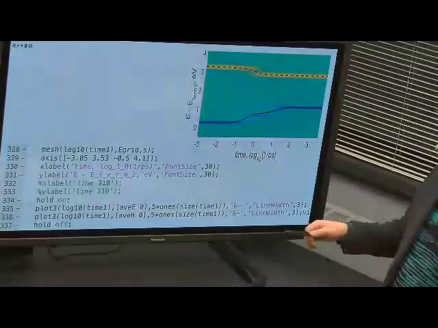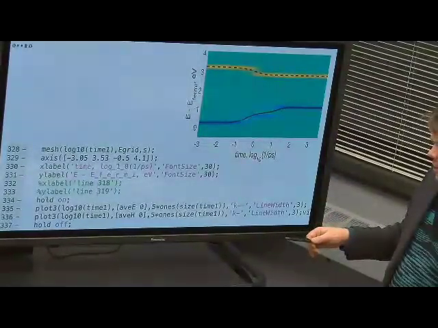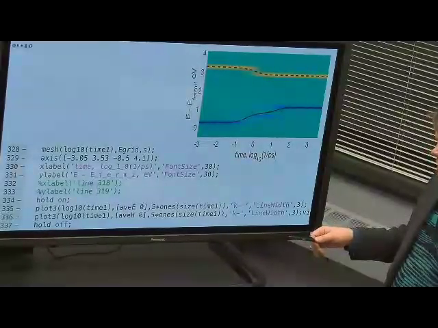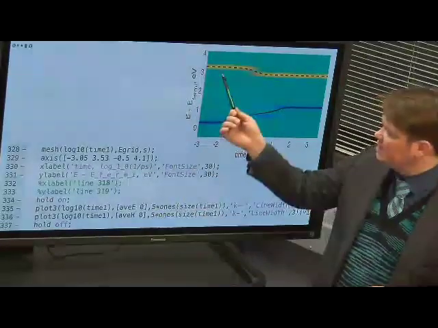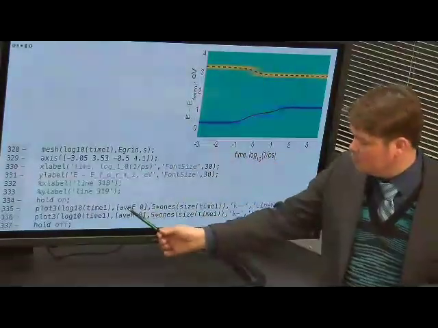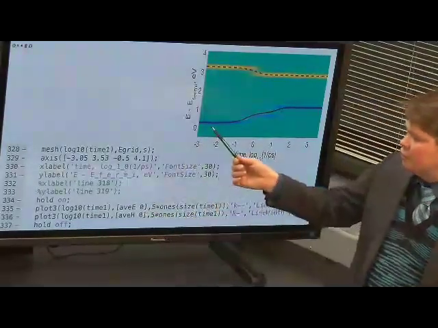Here we are plotting, maybe I just deleted the slide by error, but these lines, dashed and non-dashed, correspond to the average energy of the electron and the average energy of the hole.